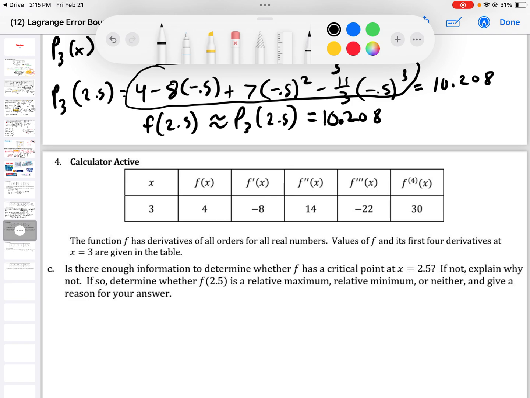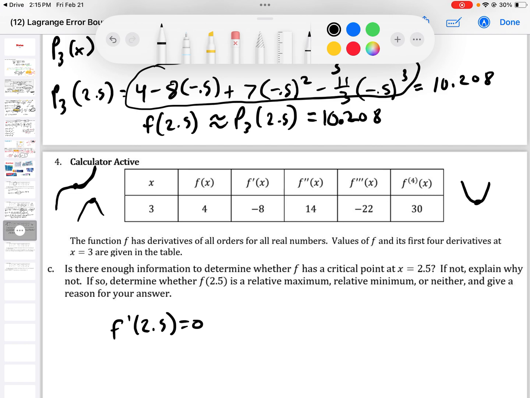For a maximum, the derivative changes from positive to negative. And the derivative has to change from negative to positive to be a minimum. But in either case, the derivative has to be 0, right? To be a critical point, because it could have neither max or min, but still be a critical point if the derivative is equal to 0.